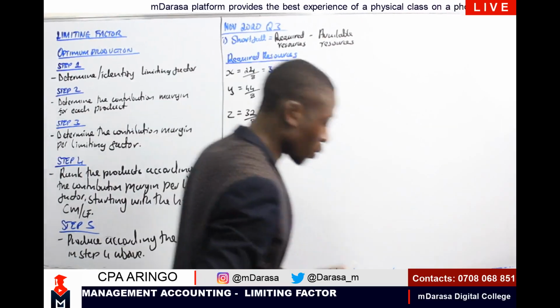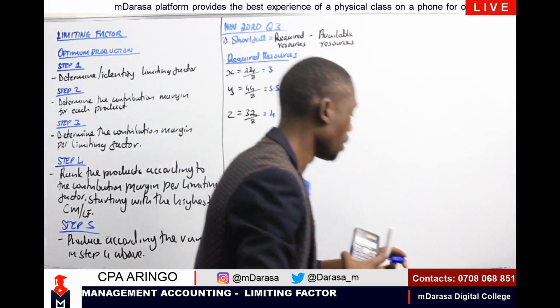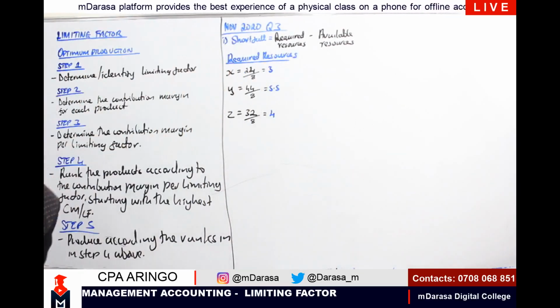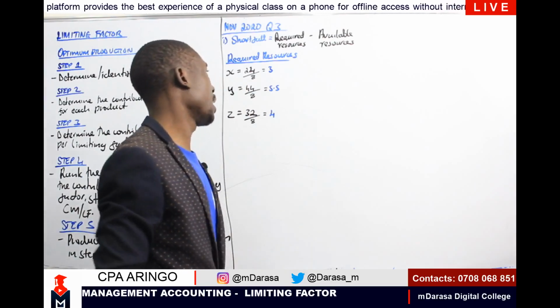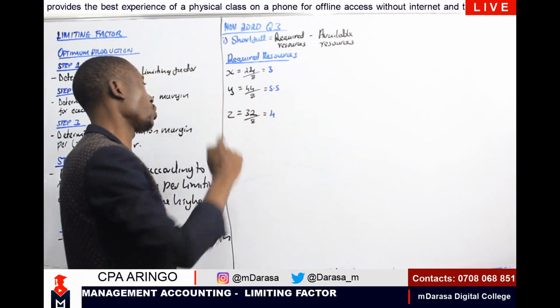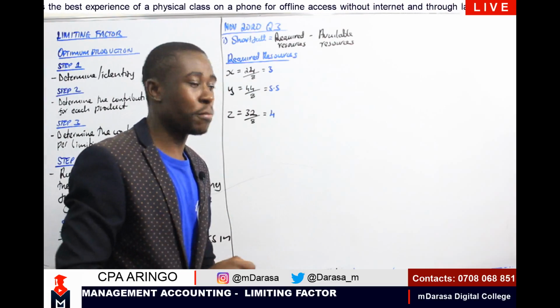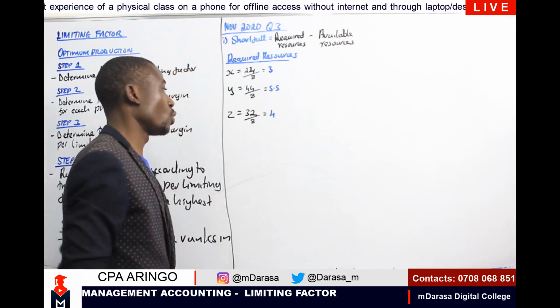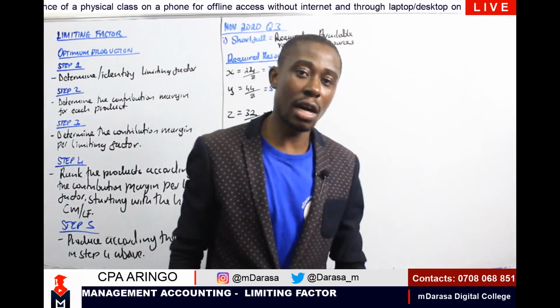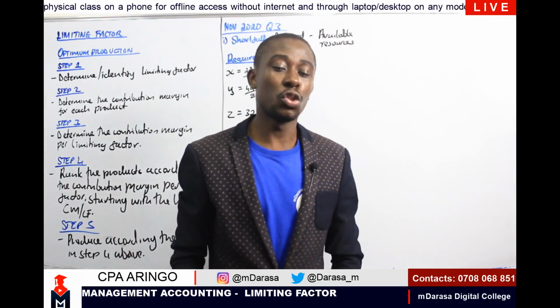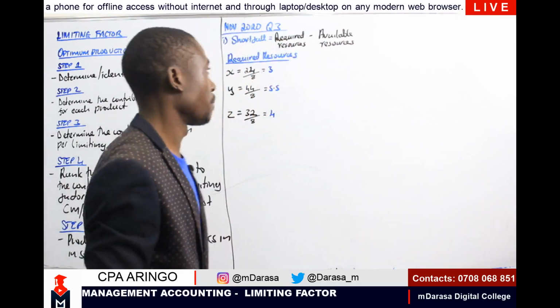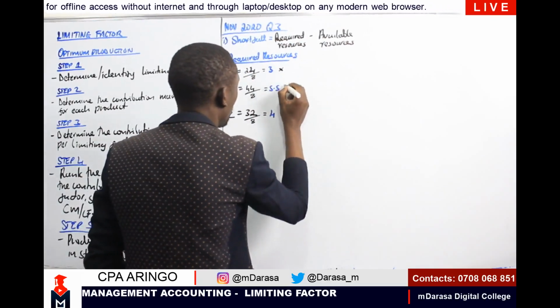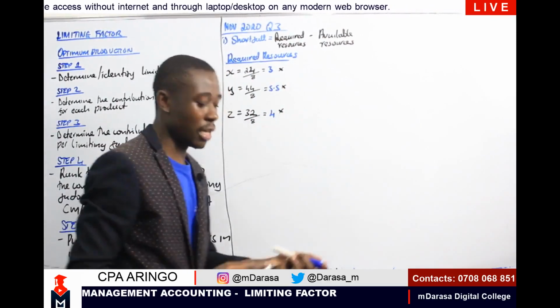So I can confidently say that to produce 1 unit of X, I required 3 hours. To produce 1 unit of Y, we required 5.5 hours. And to produce 1 unit of Z, we required 4 hours. Then the other question will be, how many units are we producing to our maximum? So we multiply by the number of units. And in that case, you are given in which note?